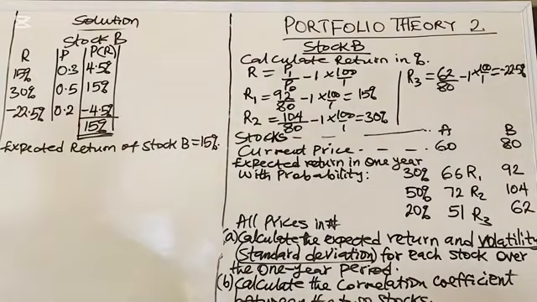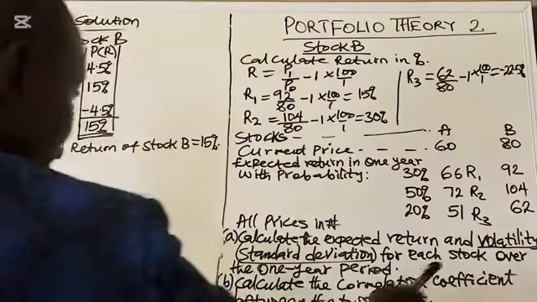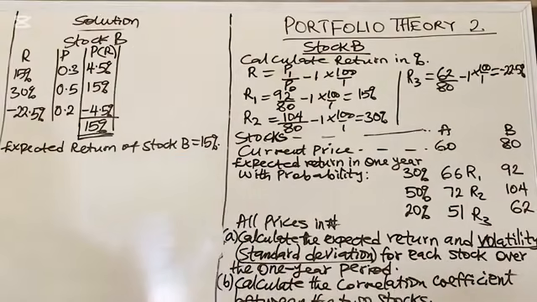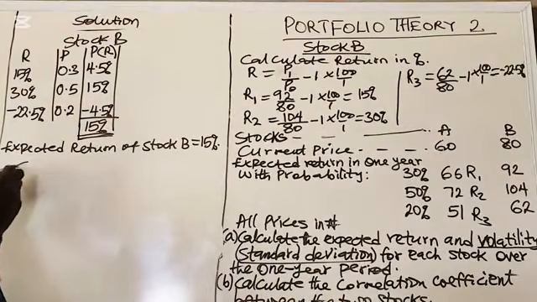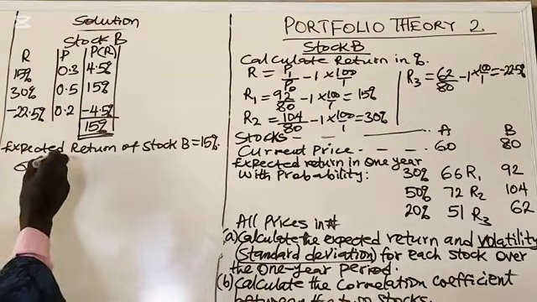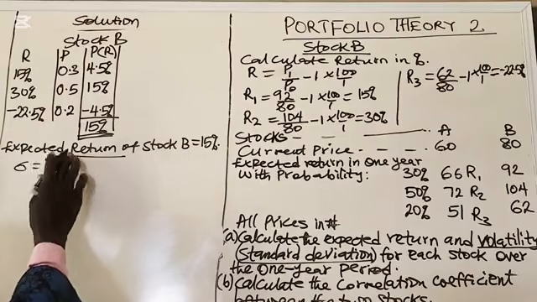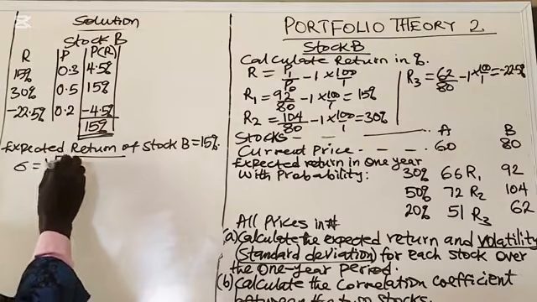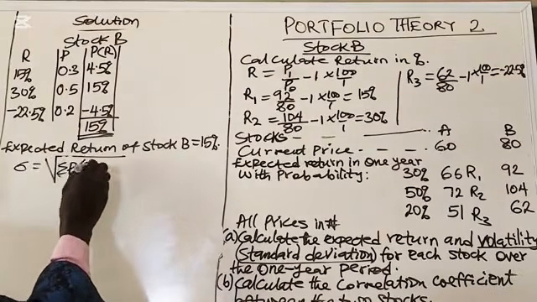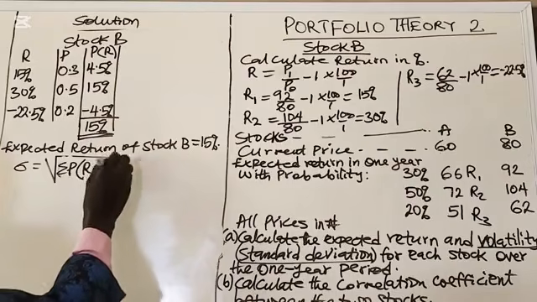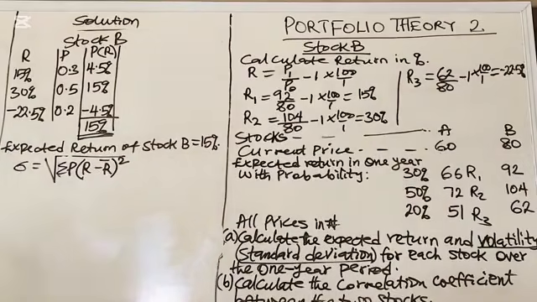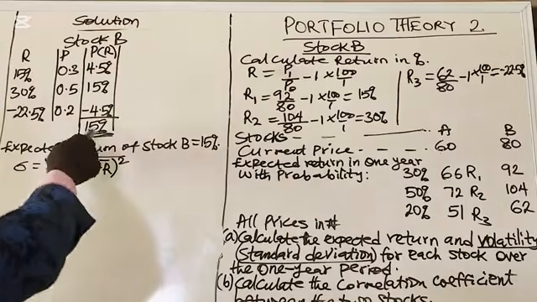Then the next thing to calculate is the volatility, that is the standard deviation of stock B. Remember, I've told you the standard deviation is the square root of variance, and the variance is the sum of P into R minus R bar square. You know your R, and our R bar, the expected return, is 15% as calculated.